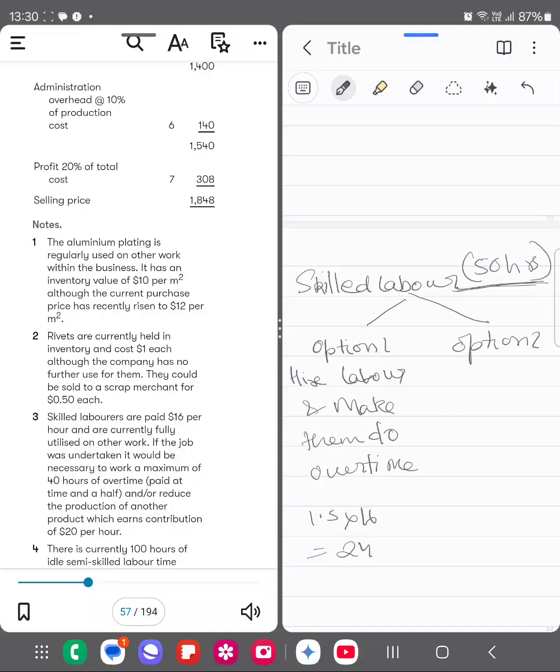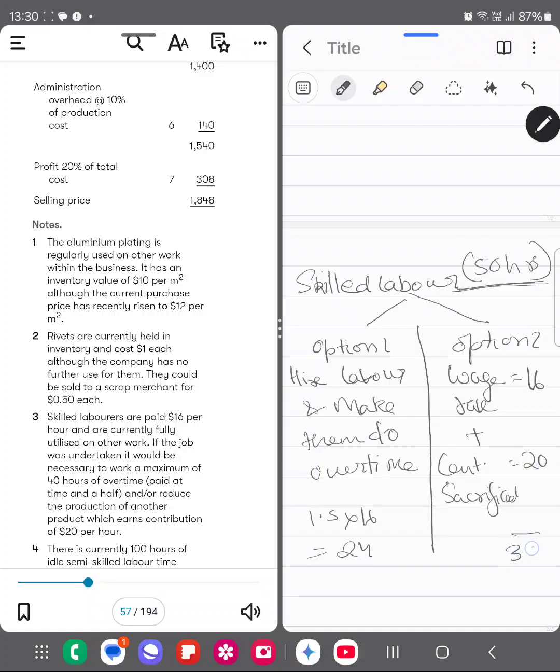If it is done, first is the wage rate is 16 plus the contribution sacrificed, which is 20. Okay, and now we have 36.